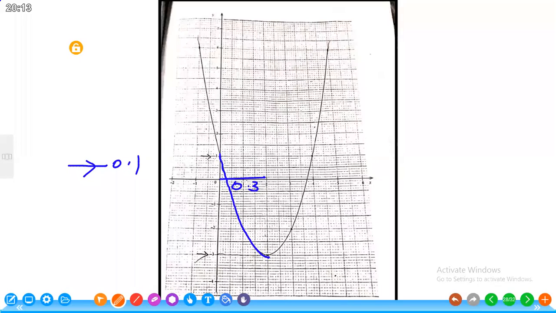Now let us describe the behavior of y when x increases from 0 to 0.3. The graph decreases from 1 to 0, and as x increases from 0.3 to 2, the graph also decreases negatively from 0 to -3. That's enough, right?